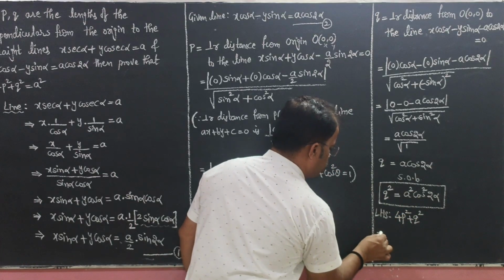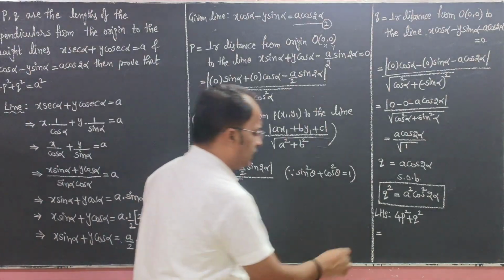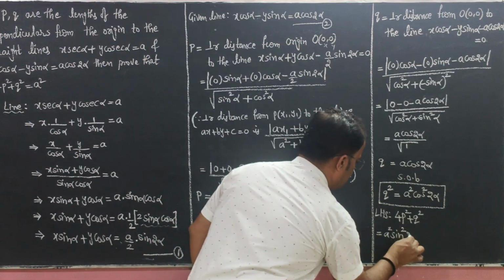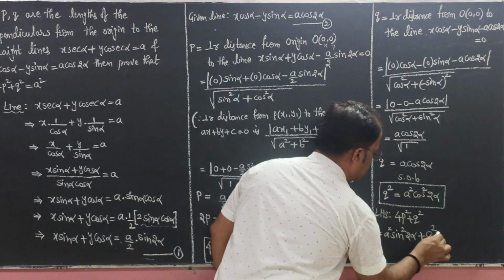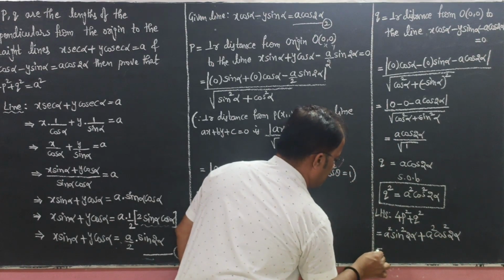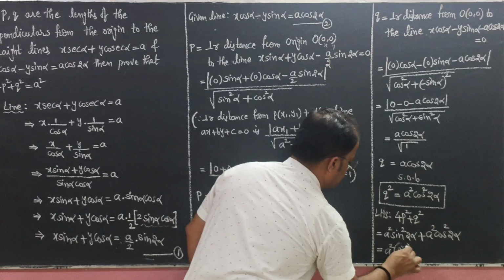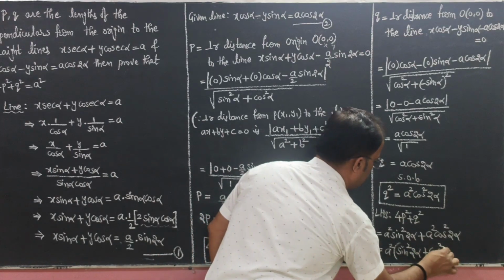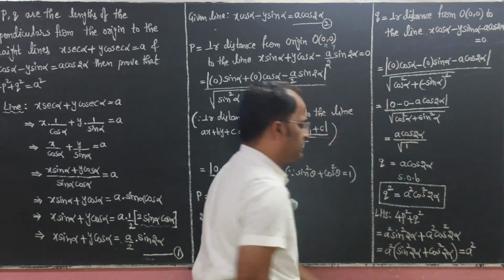Substitute the values: 4p square value is a square sin square 2 alpha, plus q square value a square cos square 2 alpha. Clear? In both the terms a square is common, means sin square 2 alpha plus cos square 2 alpha equals to a square.